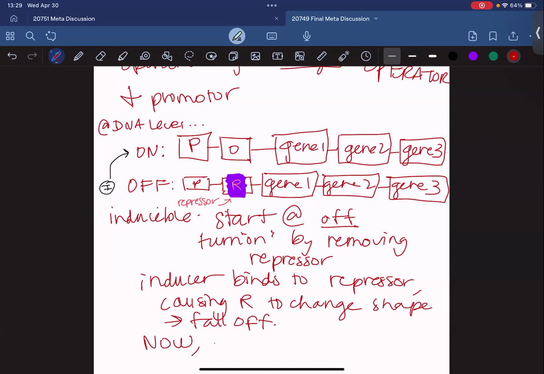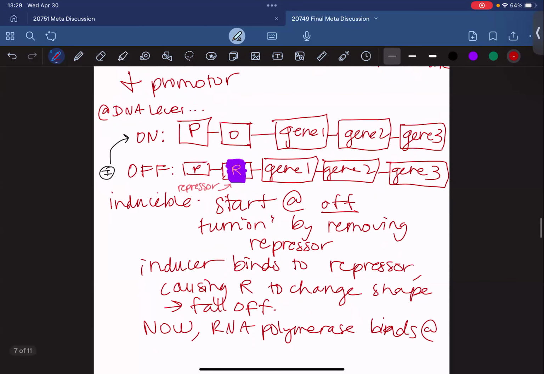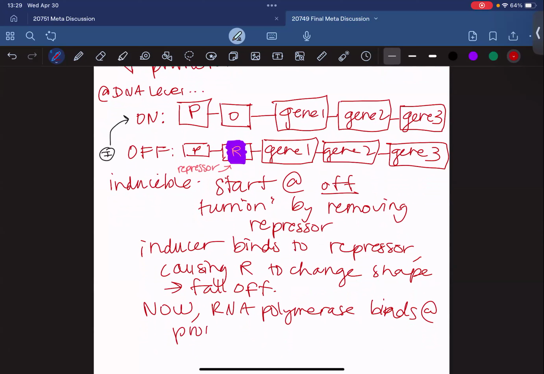Now, as a result of that, RNA polymerase can bind at the promoter and can transcribe.